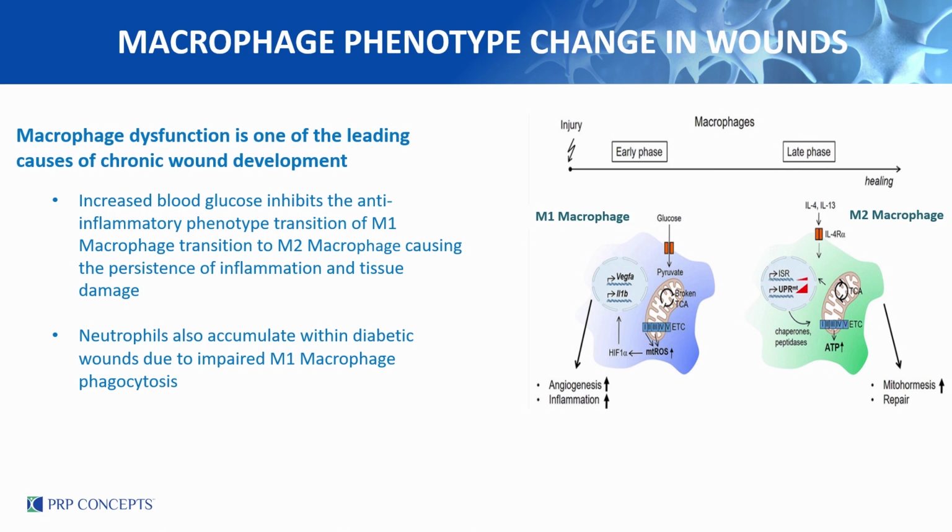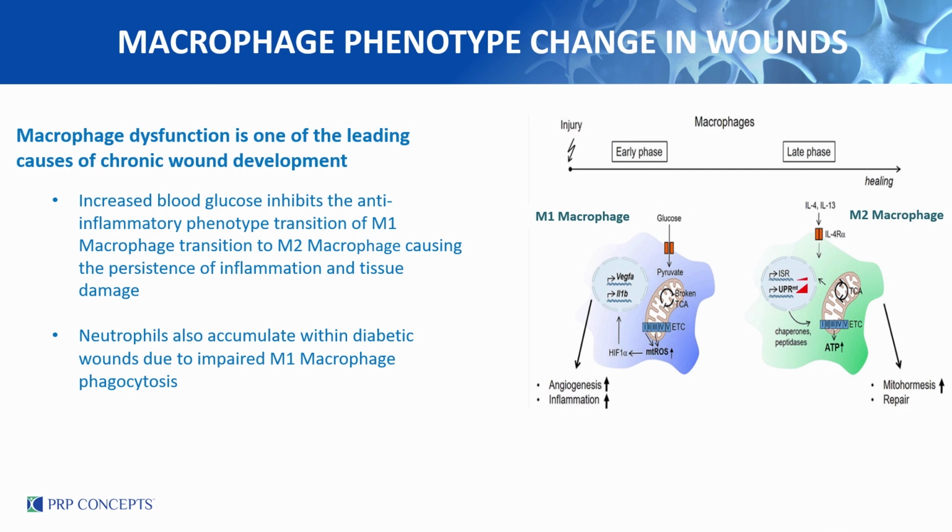And I think one of the most important things is recognizing the macrophage dysfunction in chronic wounds. And we know that macrophages have two phases. The M1 phase is that pro-inflammatory phase where the primary role is phagocytosis and destruction of bacterial pathogens, of course, releasing a lot of enzymes which are pro-inflammatory and detrimental to wound repair.